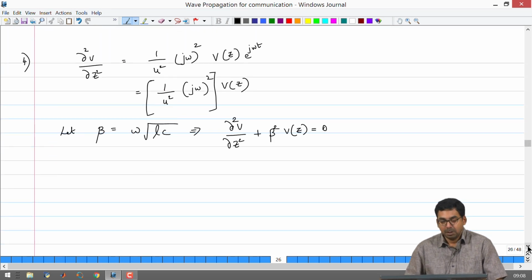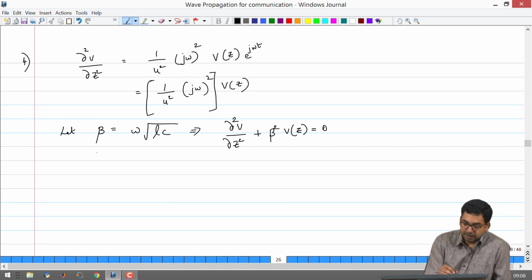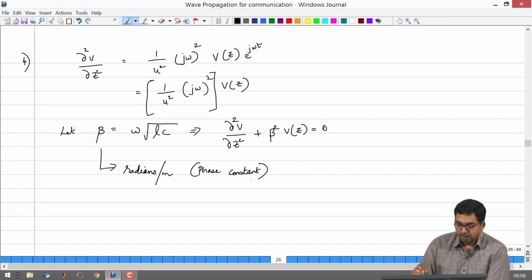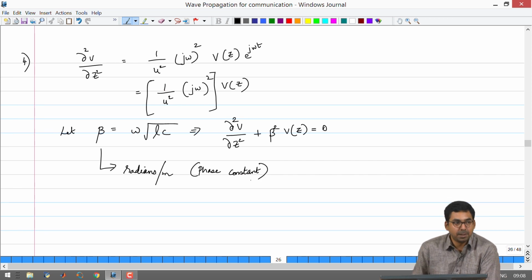So, the wave equation looks like this, and let us quickly do a dimensional analysis while we are at it. β = ω√(LC). So, this has the unit of radians per meter, and it is also known as phase constant.